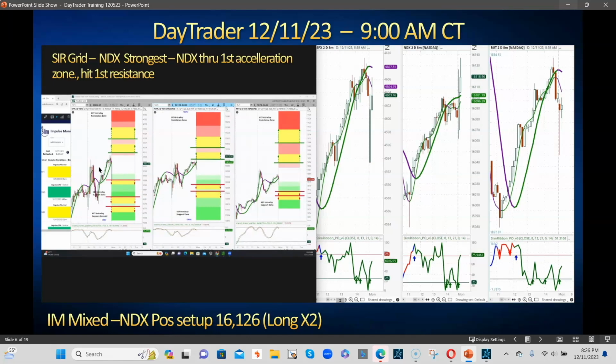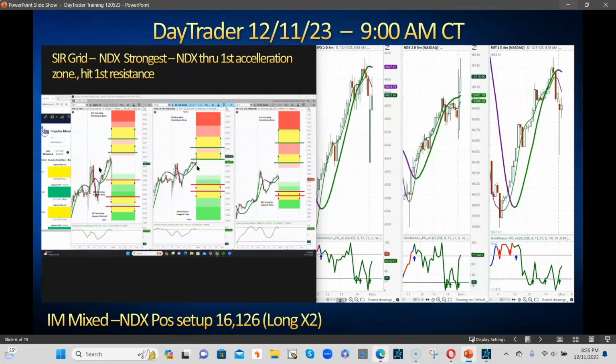Here's the SIR grid, and you can see the notes up here. The NASDAQ is the strongest at this point. It's a little hard to see, but the reversal scout on here is kind of rolling down. The same thing over here on the Russell, but you have a condition where the NASDAQ is moving up through the first acceleration zone, and it hit first resistance.